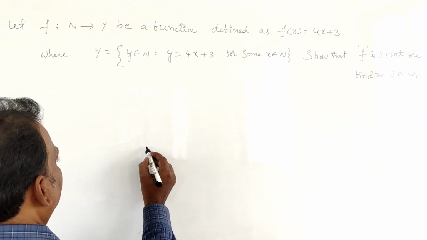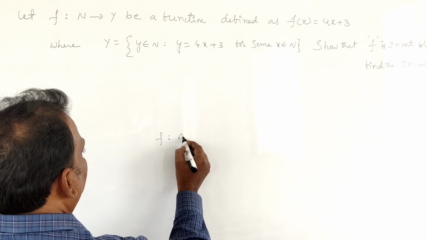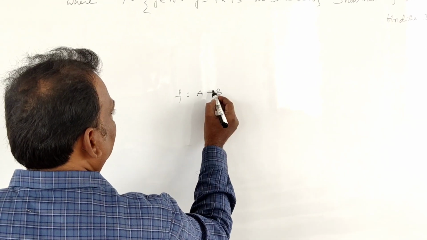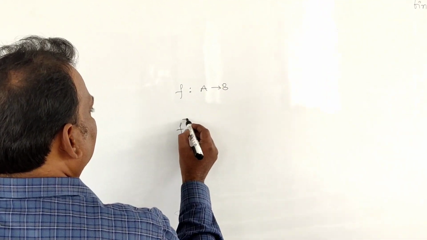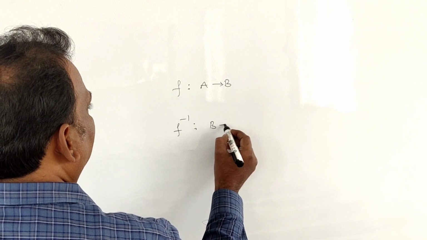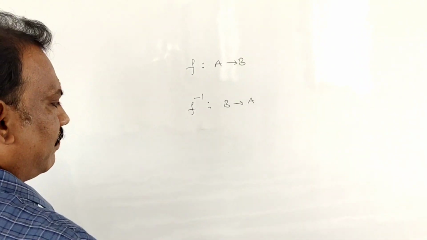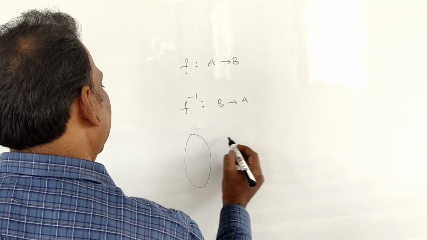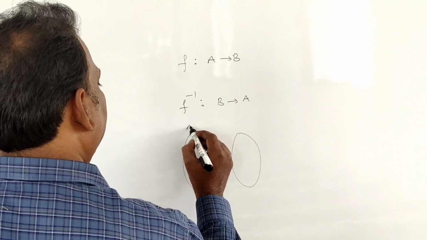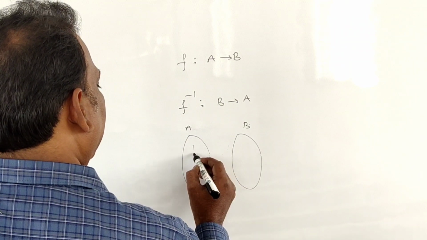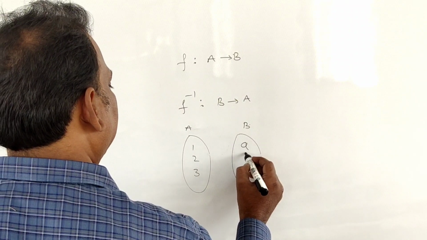For example, f is mapping from A to B, and f inverse is mapping from B to A always. For example, I am taking one function here: A has 1, 2, 3 and B has a, b, c, d.